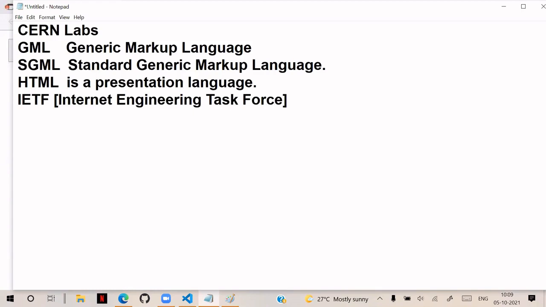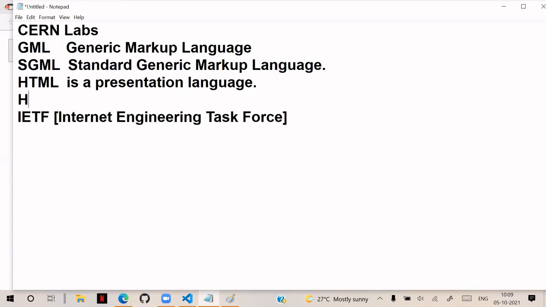These people developed HTML. Actually, the first version of HTML was in 1990 and it was 1.0, introduced by Tim Berners-Lee.